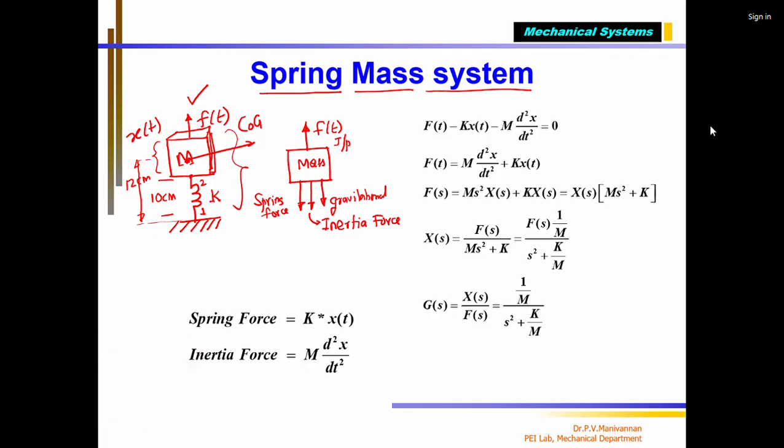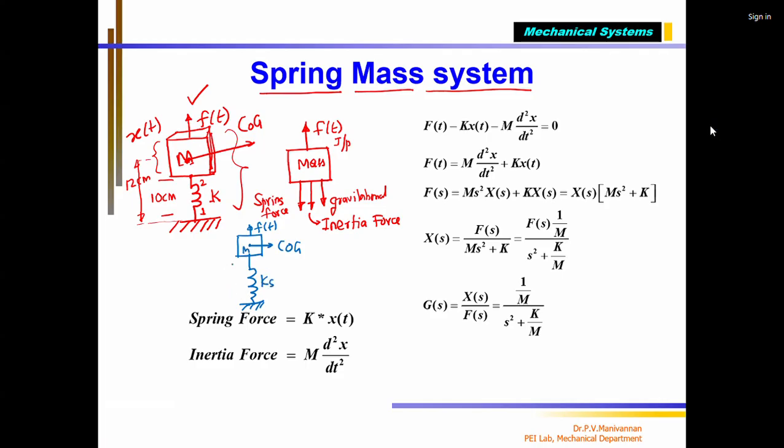In that case, what will happen is that the spring is stretched a little longer, depending upon how much force we have applied, F of t. Now this is my COG point, this is my spring and this is my mass.